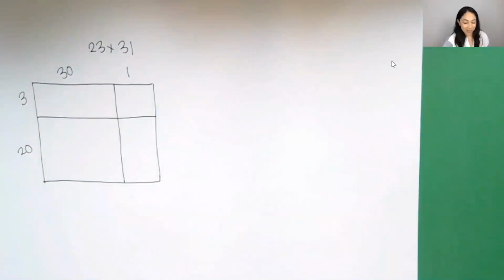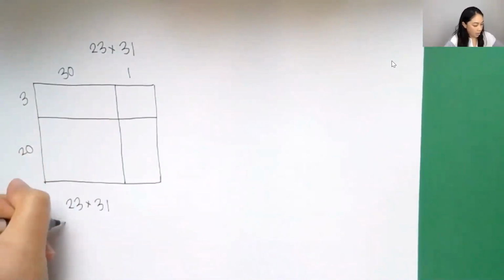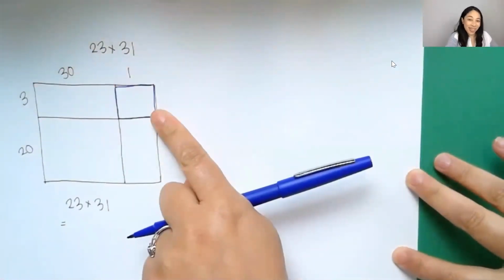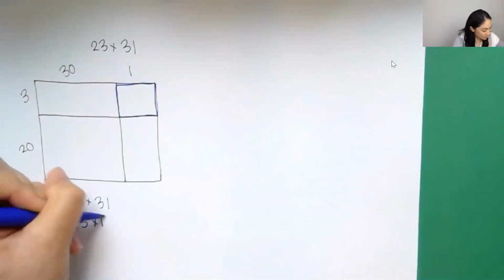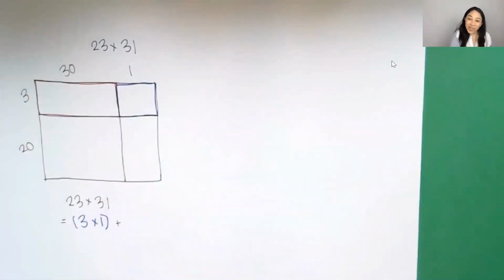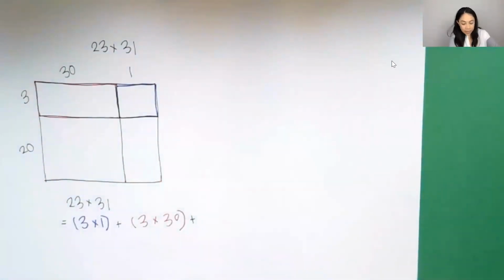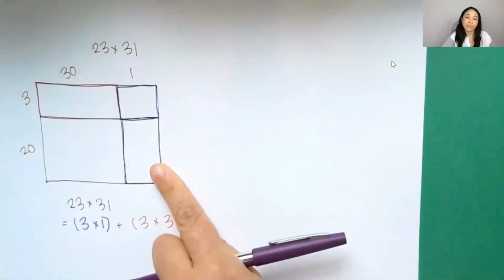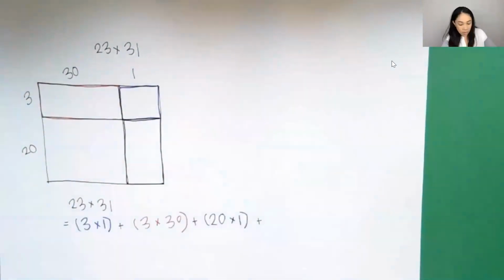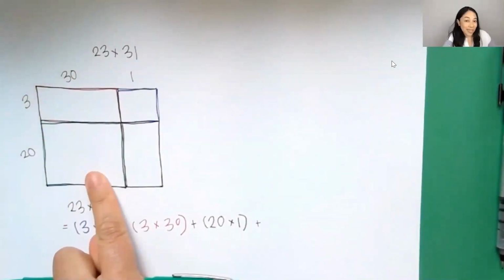Are you ready? 23 times 31 equals 3 times 1 plus 3 times 30 plus 20 times 1 plus 20 times 30.